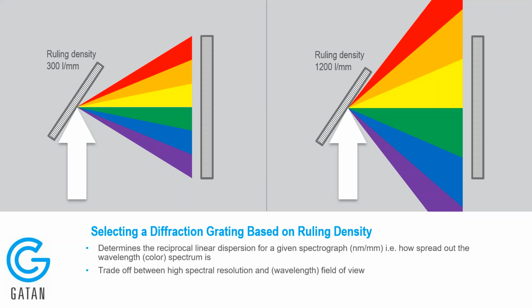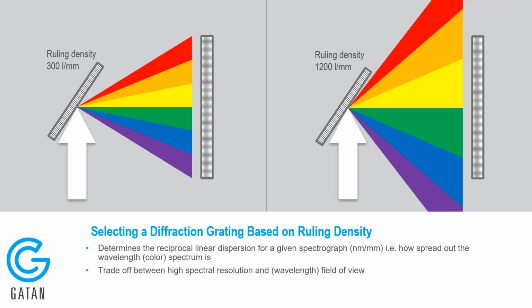You can see we're comparing 2 diffraction gratings in a schematic representation on the left and right hand side. And in the high ruling density grating, we have spread out the light much more, which gives us higher spectral resolution, but a narrower range of wavelengths falls on our sensor.